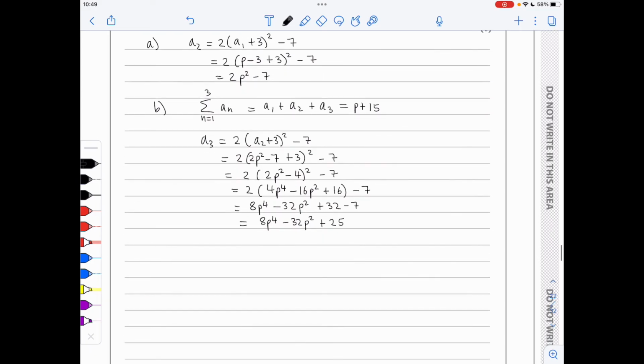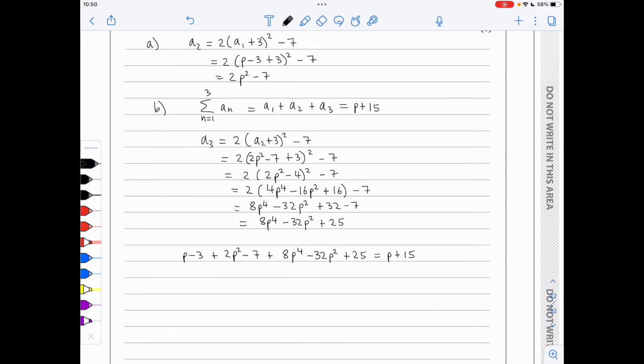So let's substitute the values for A1, A2, and A3. We have p minus 3 plus 2p squared minus 7 plus 8p to the power of 4 minus 32p squared plus 25 is equal to p plus 15.